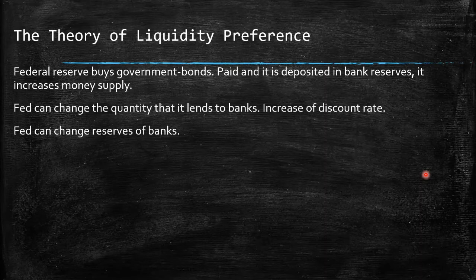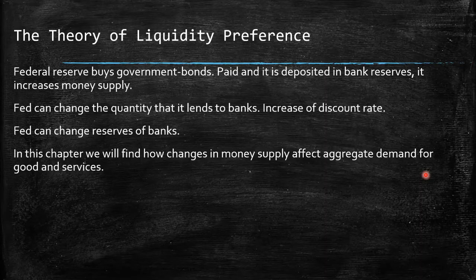Or the Fed can change the reserves of banks. They could say, okay, for all deposits that you receive, you need to keep 10%. But imagine that now you need to keep in your account 20%. Naturally, this increase in reserves provides a reduction or contraction in the money supply.